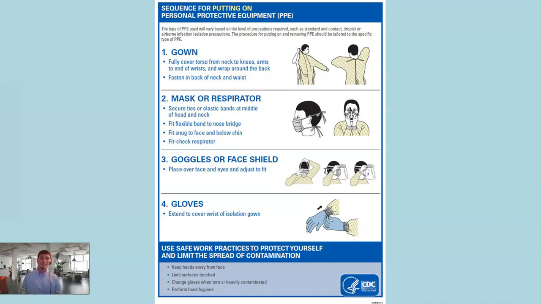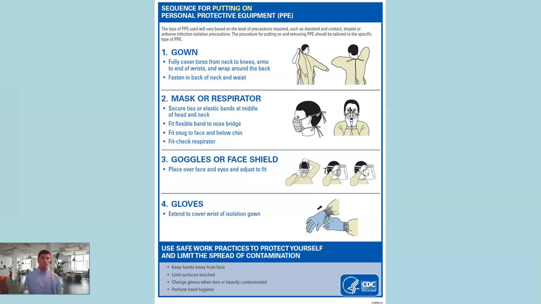The intent, again, is to not spread contamination by using PPE. We want to remove and discard it carefully, either at the doorway or immediately outside of the patient's room, depending on your facility's policies based on the disease process specifically and what their rules are for removing PPE.